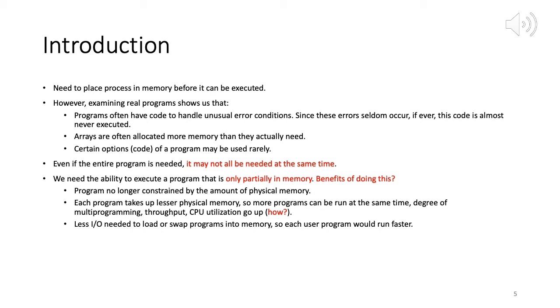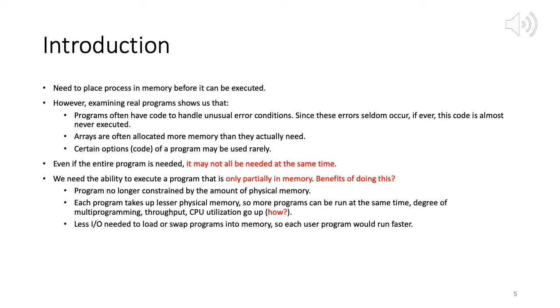So even if you need the entire program, you may not need all the code at the same time. All these observations point to the fact that it is okay to execute a process partially in memory, bringing only a part of the process into memory versus the whole process. So we need the ability to execute a program that is only partially in memory.